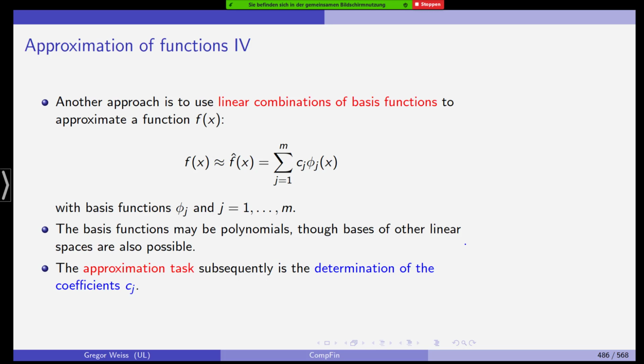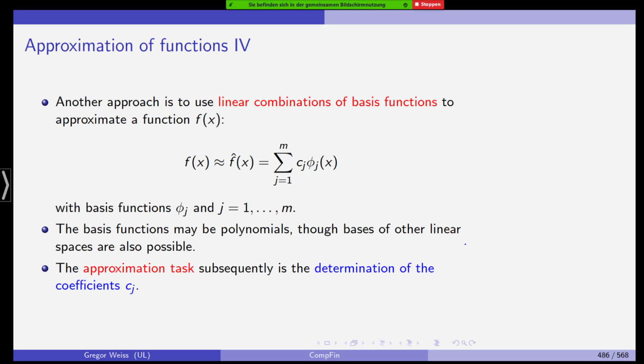so we use basis functions that span a linear space, and then we use linear combinations of these basis functions to approximate f.